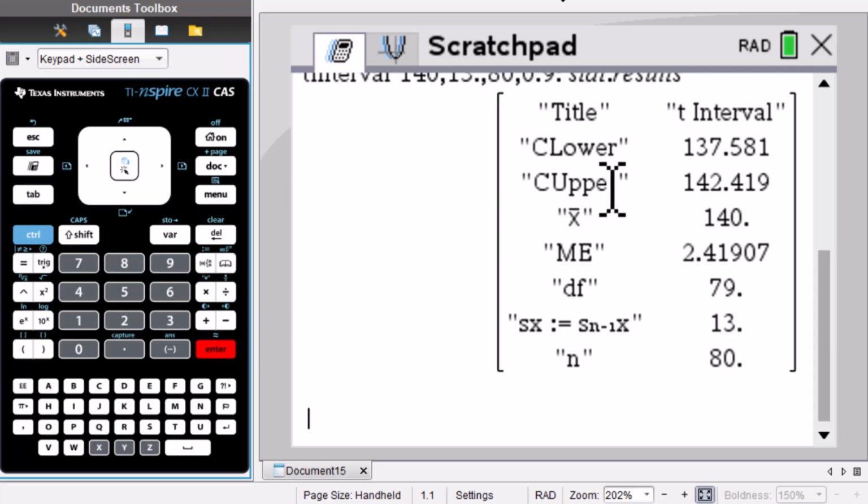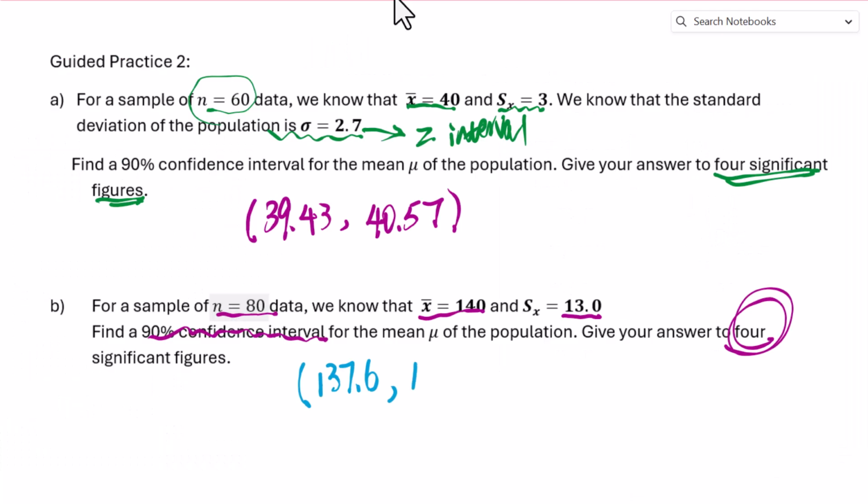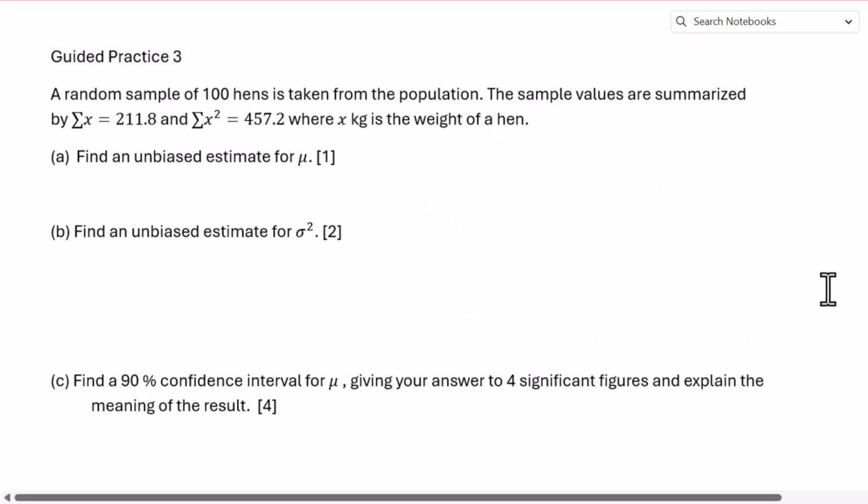The confidence interval is 137.6 to 142.4. Let's go to guided practice 3.